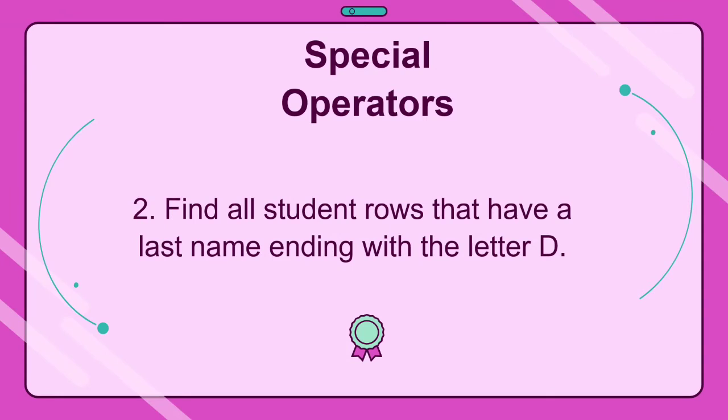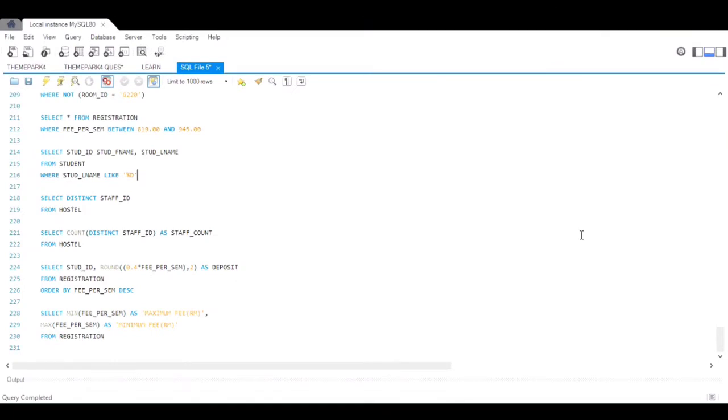Question 2. Find all student rows that have a last name ending with the letter D. Okay, question 2 is to list all the student last names ending with D. So of course we select student ID, student first name and student last name from, of course, the student table.